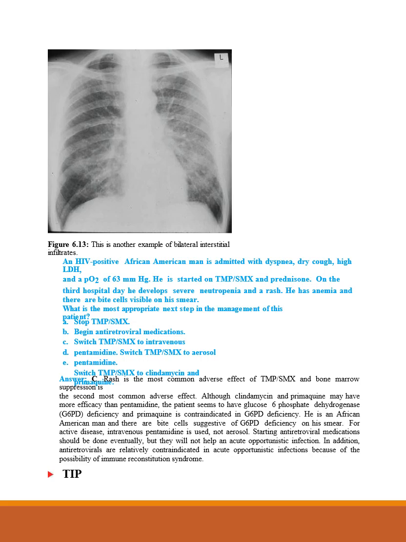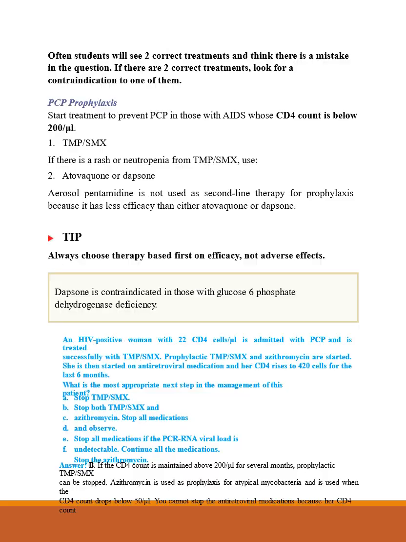In addition, antiretrovirals are relatively contraindicated in acute opportunistic infection because of the possibility of immune reconstitution syndrome. Often students will see two correct treatments and think there is a mistake in the question. If there are two correct treatments, look for the contraindication of one of them.